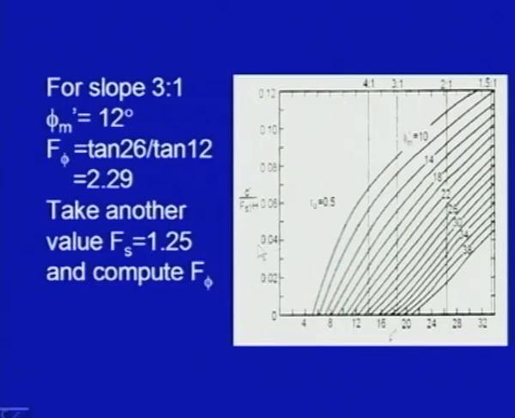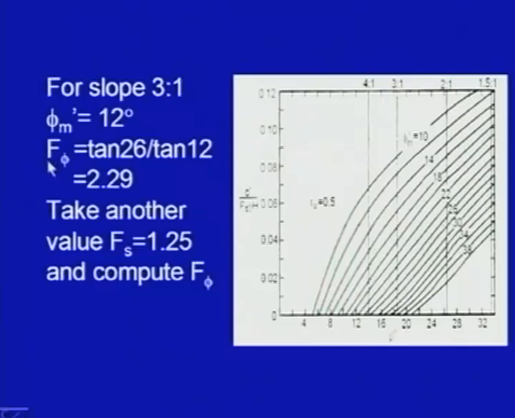So, let us take 0.073 somewhere here, and you will get the intersection with the 3:1 line here, and this gives you the mobilized value of frictional resistance phi m dash. So, here I am getting this value as 12 degrees.